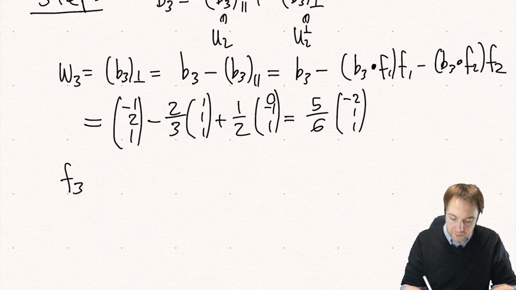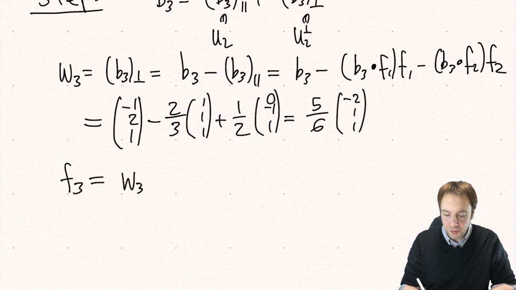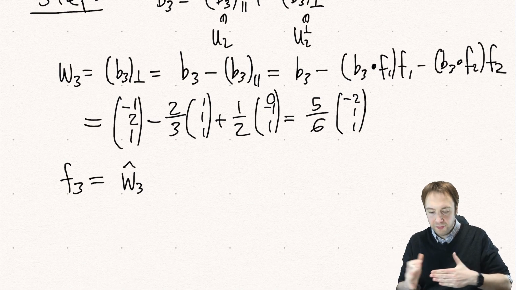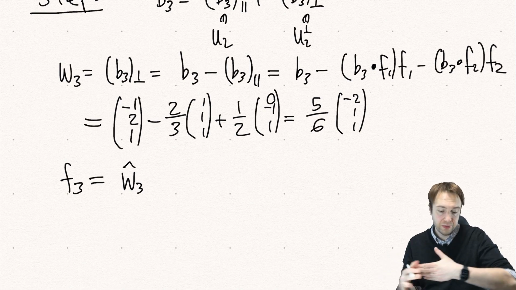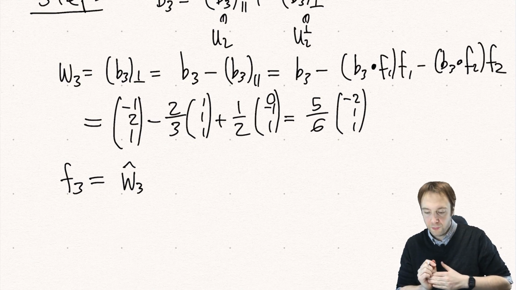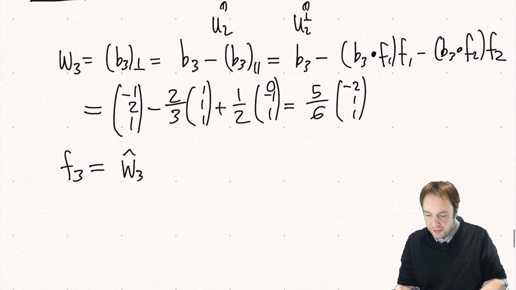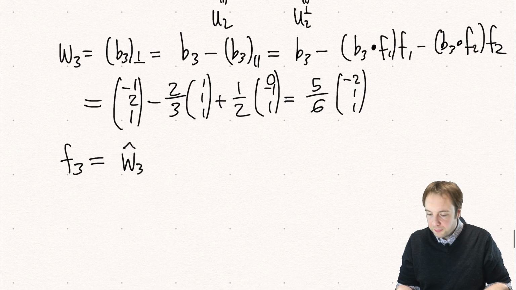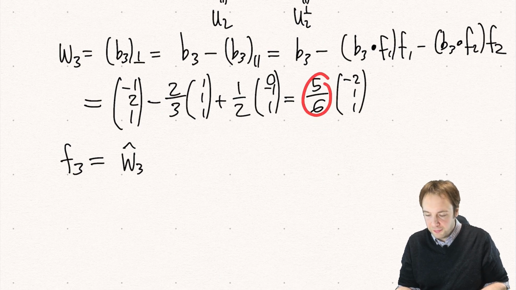So we want F3 to be, again, the normalized version of this. So we just shorten this, so this doesn't change the direction. After making it length 1, it will still be orthogonal to F1 and F2. And now, a trick to normalize this. Well, you could also just put this inside here and then take the sum of the squares and take the square root.